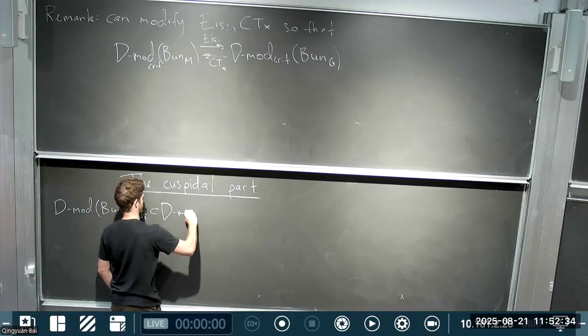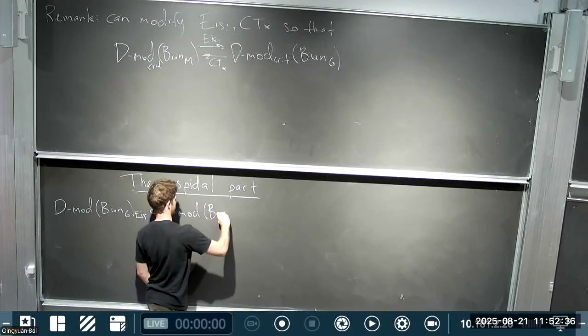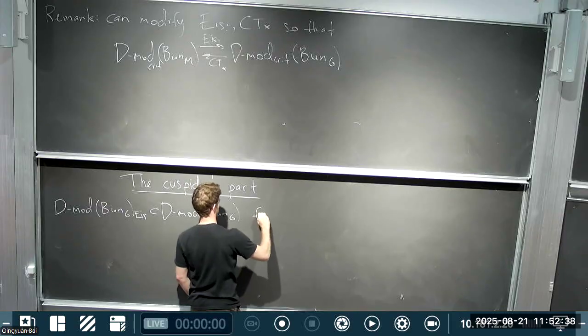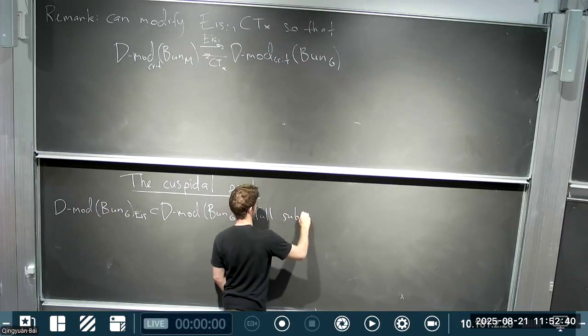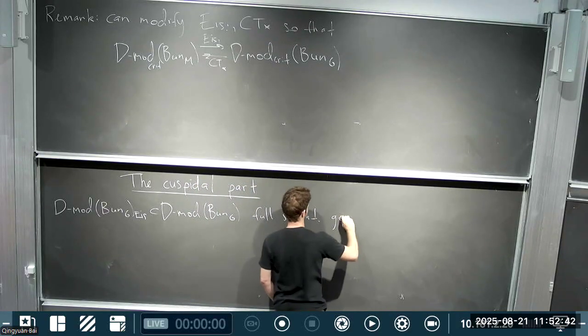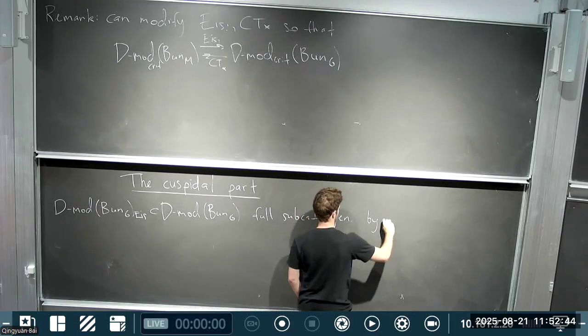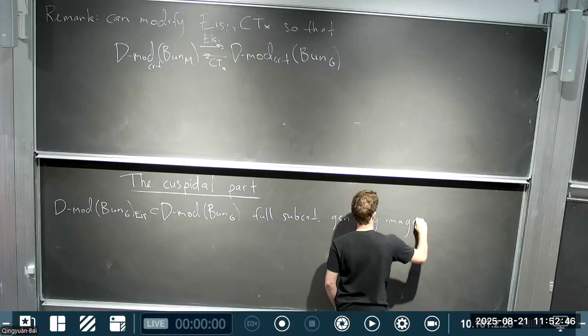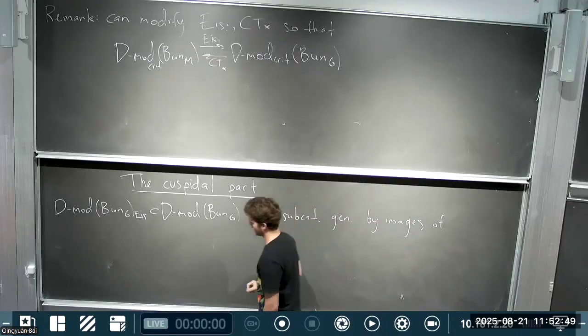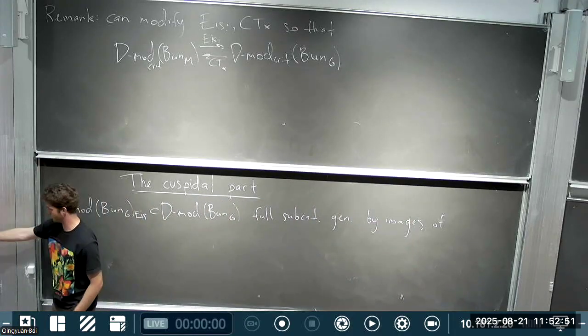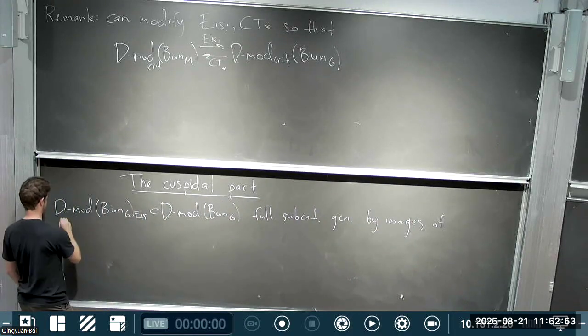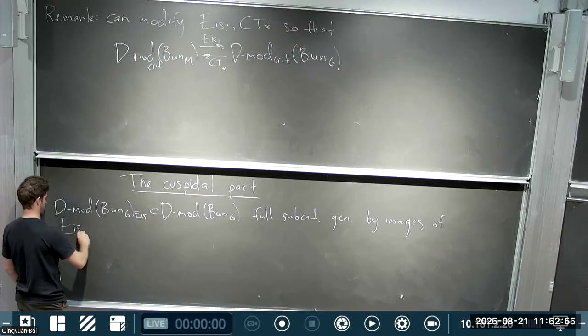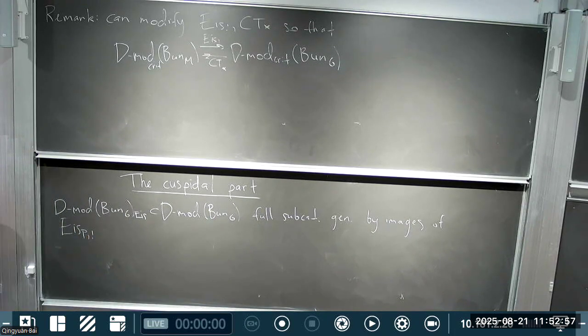This is going to be the part that's generated by Eisenstein series, the category generated by the images of the Eisenstein series functors. I didn't put E in the notation, but if I do write it, it's clear what I mean.